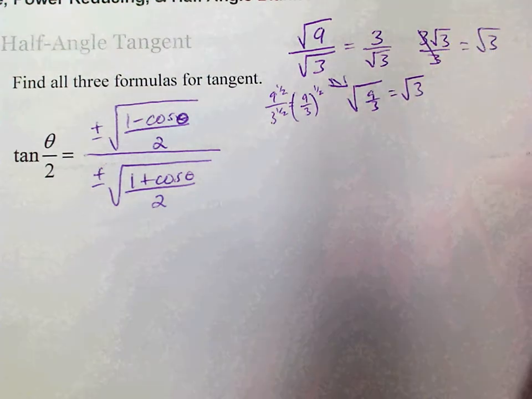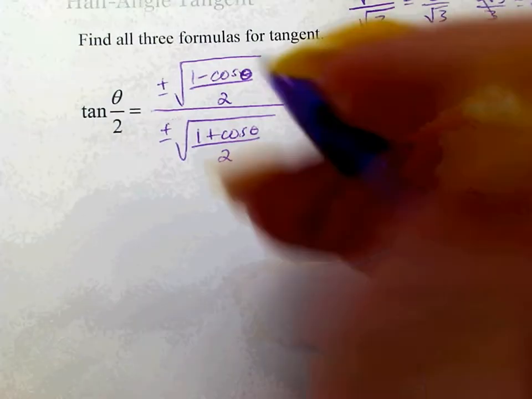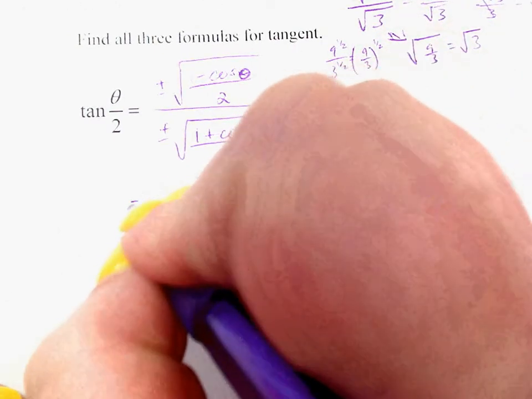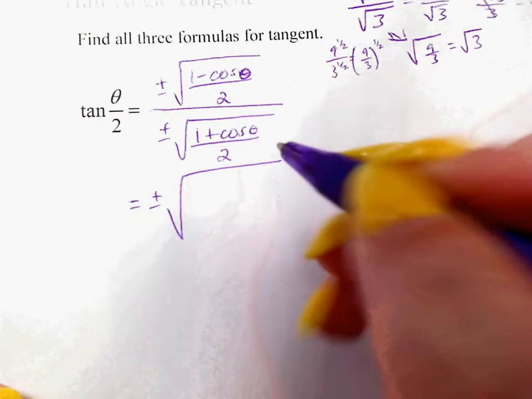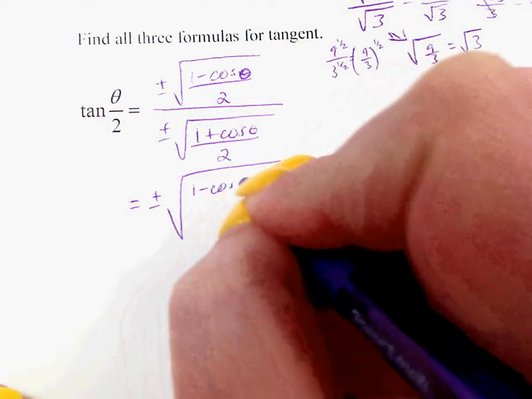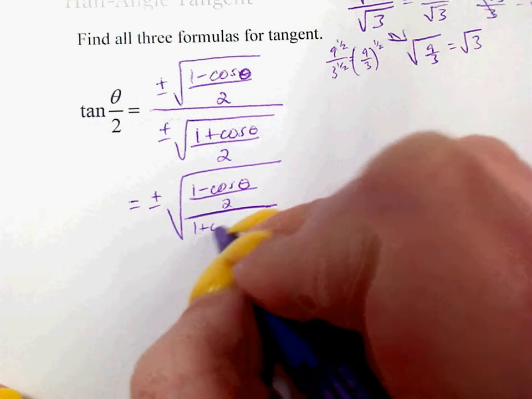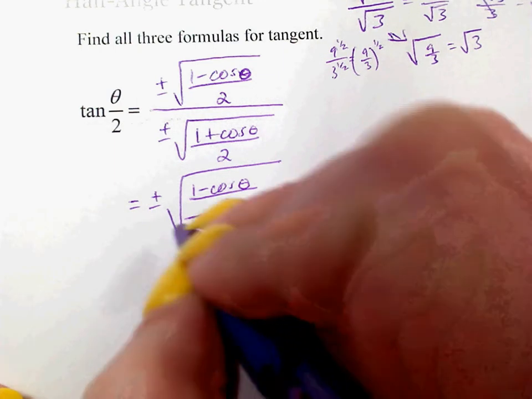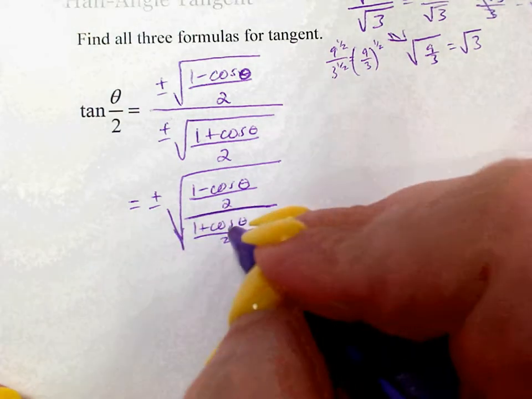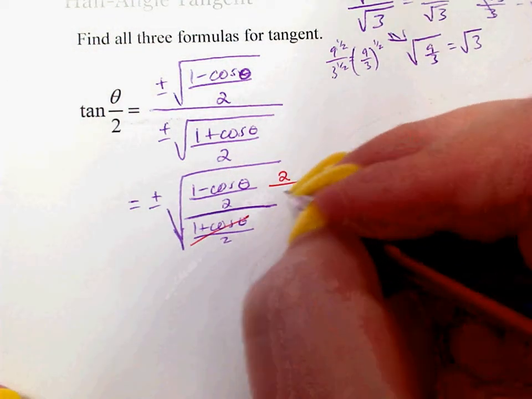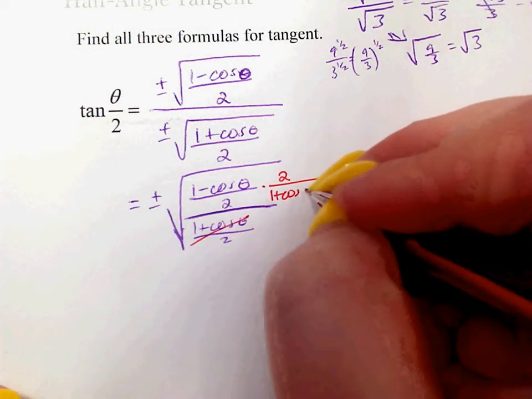So in this case, the square root of this divided by the square root of that is the same thing as plus and minus the square root of all that. So 1 minus cosine theta divided by 2 divided by 1 plus cosine theta divided by 2. When you flip and multiply, 2 divided by 1 plus cosine theta, you can see that the 2 simplify out.